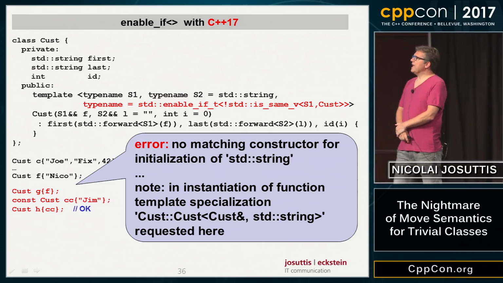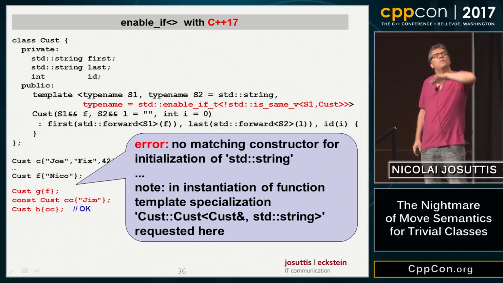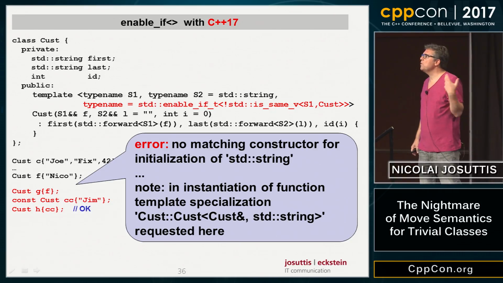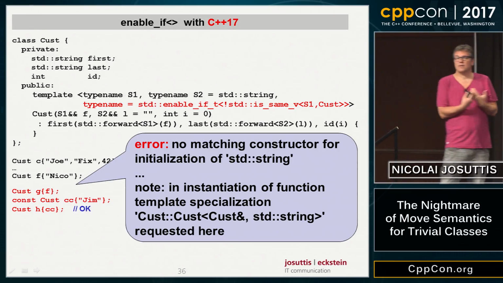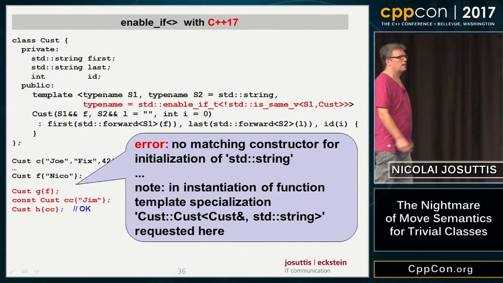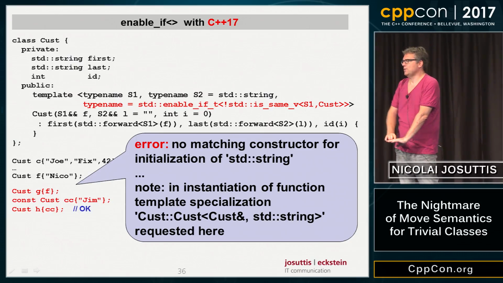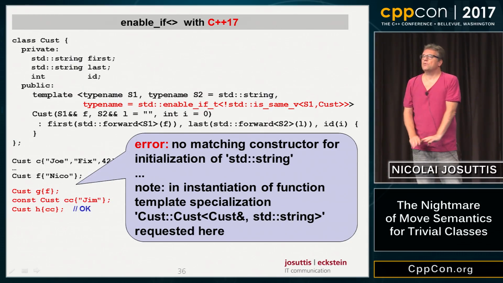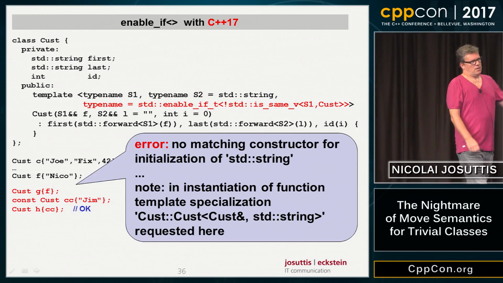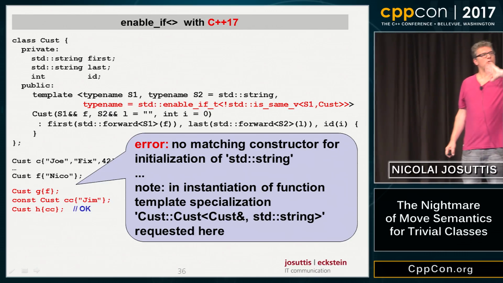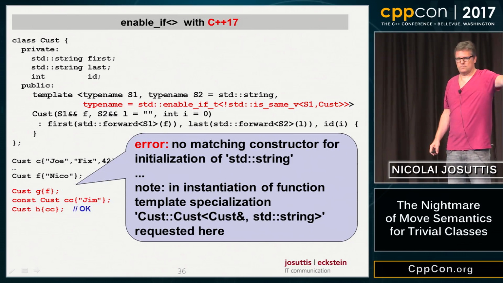The problem is, if we have move semantics and we pass something with move semantics, so we declare something as an R-value reference, when we use it, it's an L-value. And the reason is that move semantics should not be automatically forwarded.